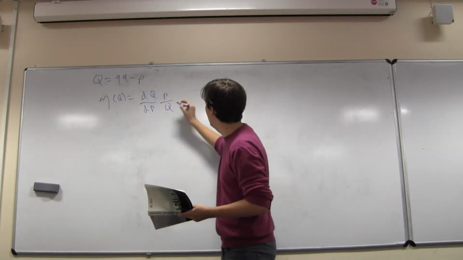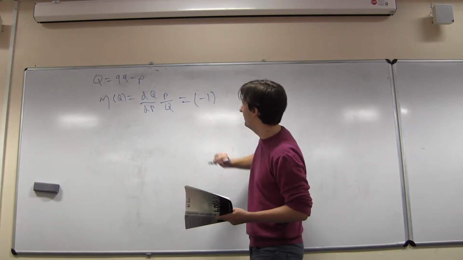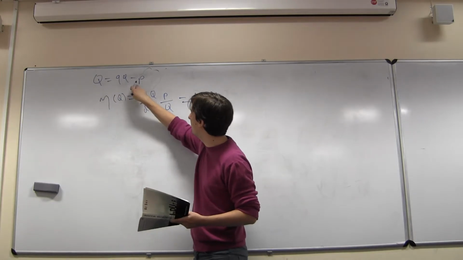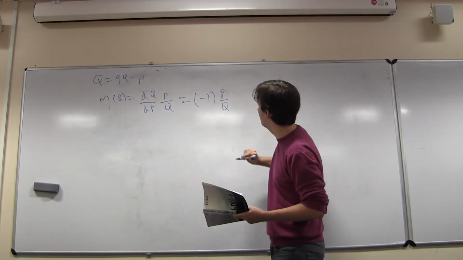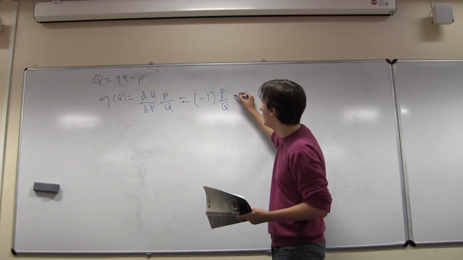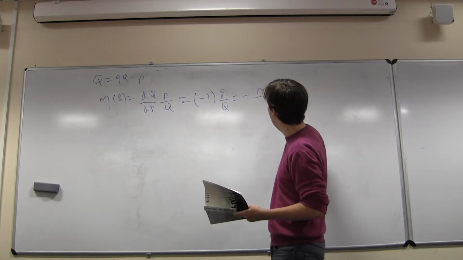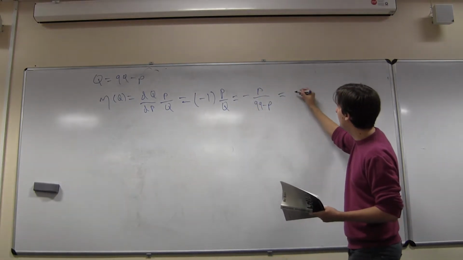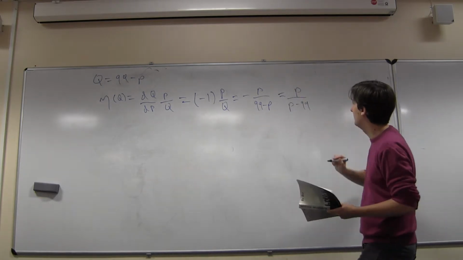So for this demand curve, dQ/dP is going to be minus 1. We change quantity, it's minus 1 times P over Q. So then substituting in for Q, this is minus P over 99 minus P.